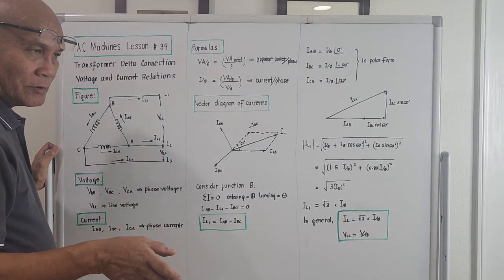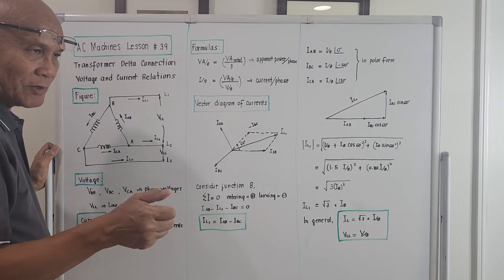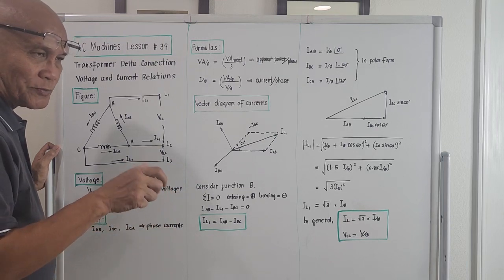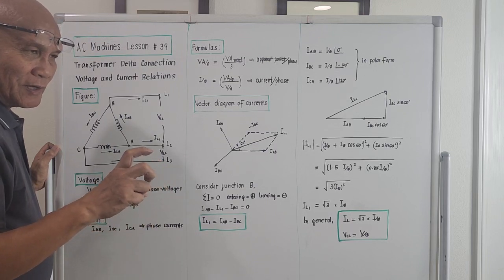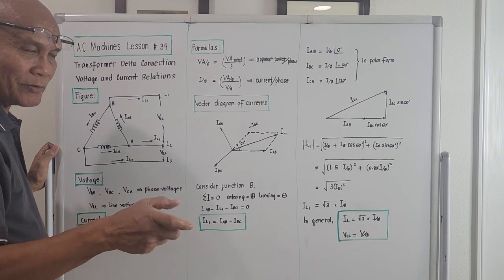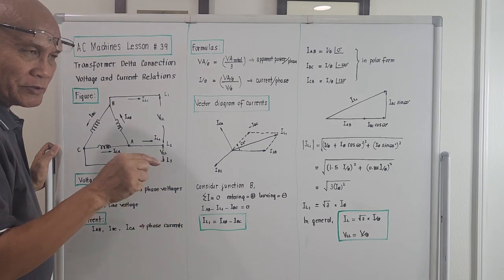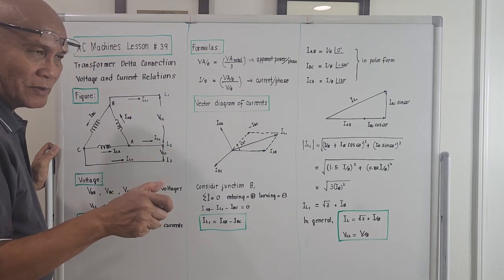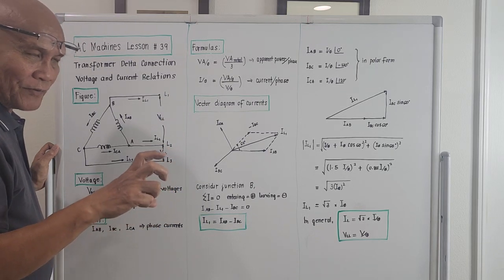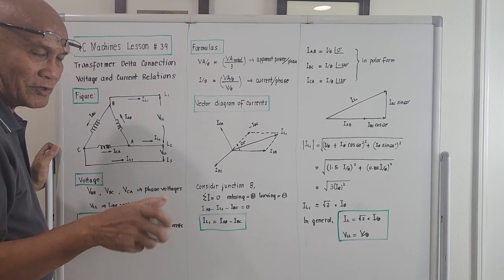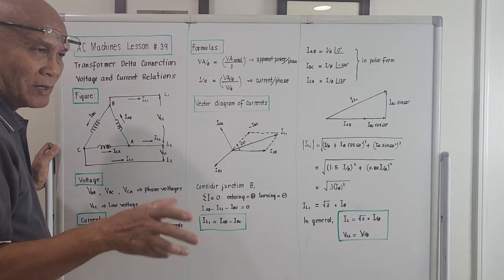For a Y connection, the phase current is equal to the line current, but with respect to the voltages, the line-to-line voltage is greater than the phase voltage. For a Y connection, the line voltage is square root of 3 times the phase voltage.